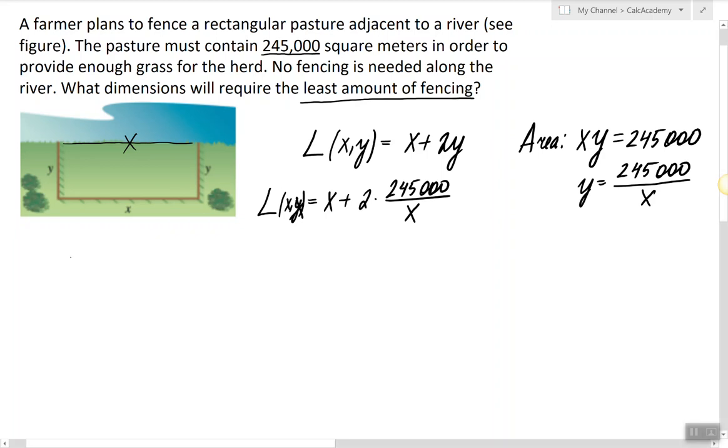And to optimize it, we're going to find the first derivative. And the first derivative of this function is one minus 490,000 divided by x squared.